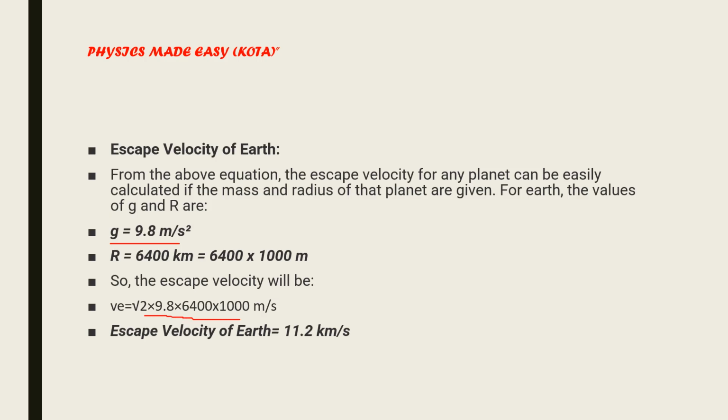Then on calculation, we can find the final answer, that is equal to 11.2 kilometers per second. So dear students, calculate the expression and then finally compare your answer. So this is the escape velocity of Earth, that is 11.2 kilometers per second.